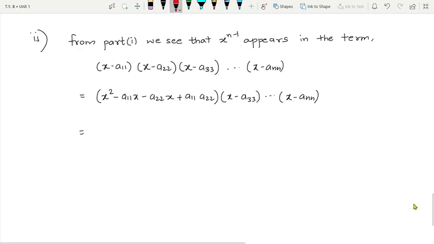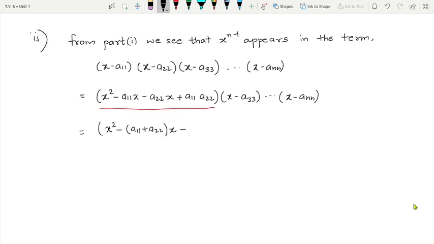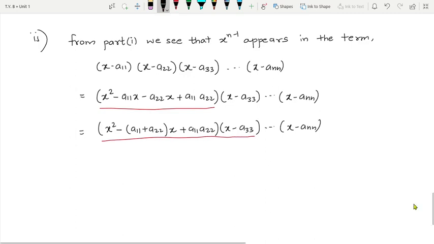I am talking about this term, but before that let us simplify that term. So it will be x square minus (a11 plus a22) x plus a11 a22 multiplied by x minus a33 and so on up to x minus ann. So now let us take the product of these two terms. So therefore this will be equal to x cube now, right?